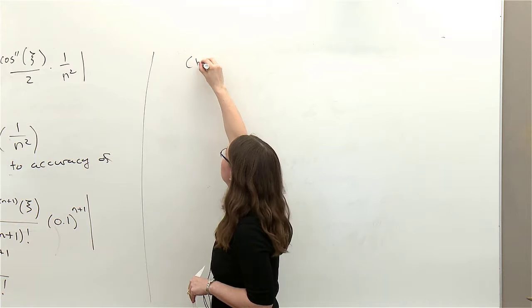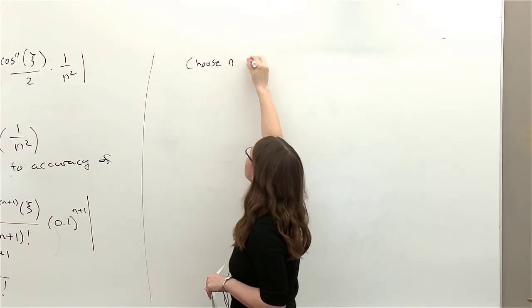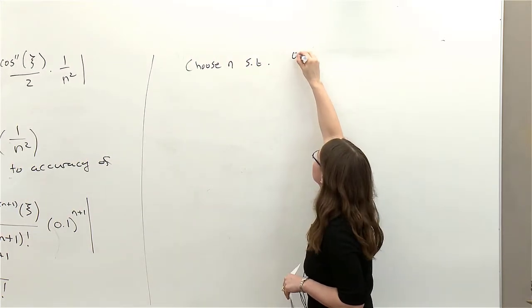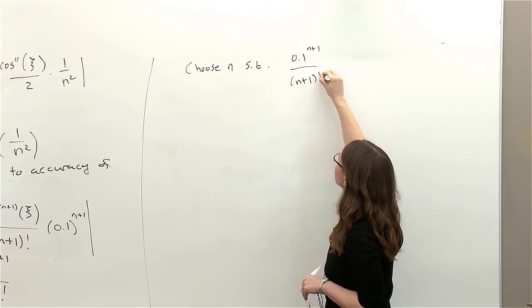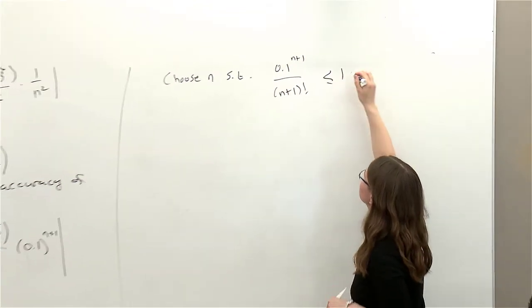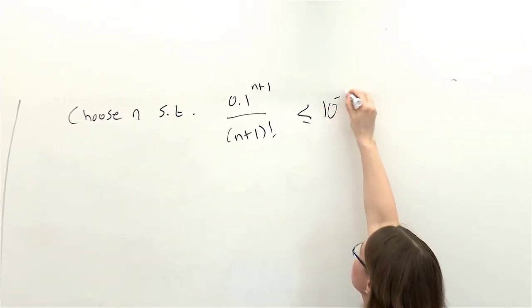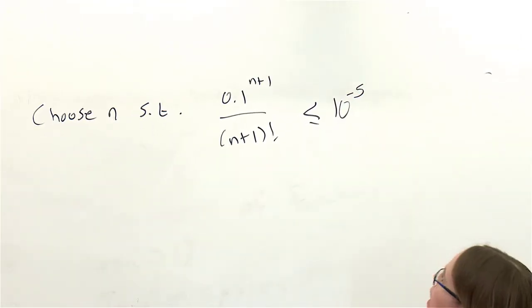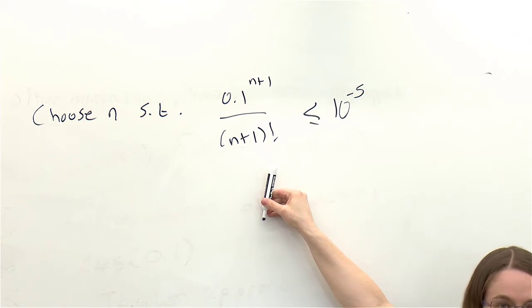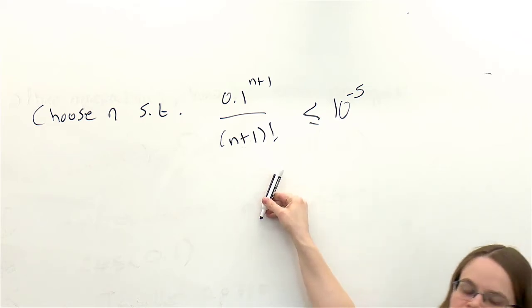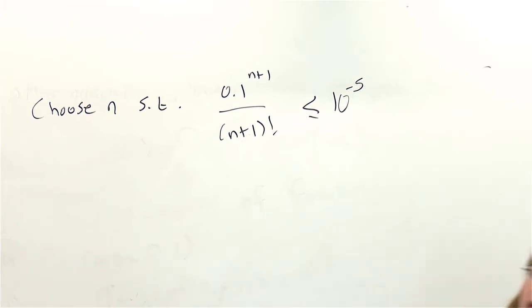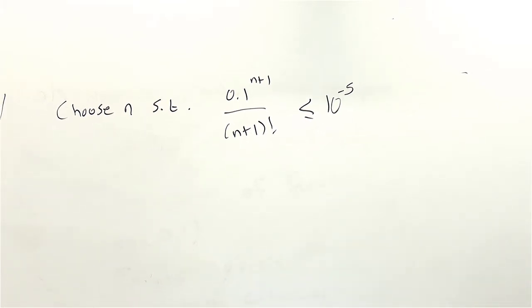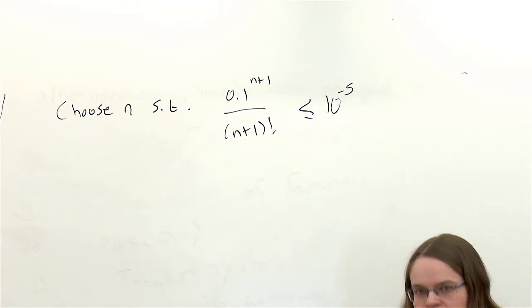We want to choose n so that this quantity here is less than or equal to 10 to the minus 5. If we can guarantee this, then our true error is also less than 10 to the minus 5. It might be a lot less, or it might be really close to 10 to the minus 5. We don't know, but we're guaranteed we have the accuracy that we need.